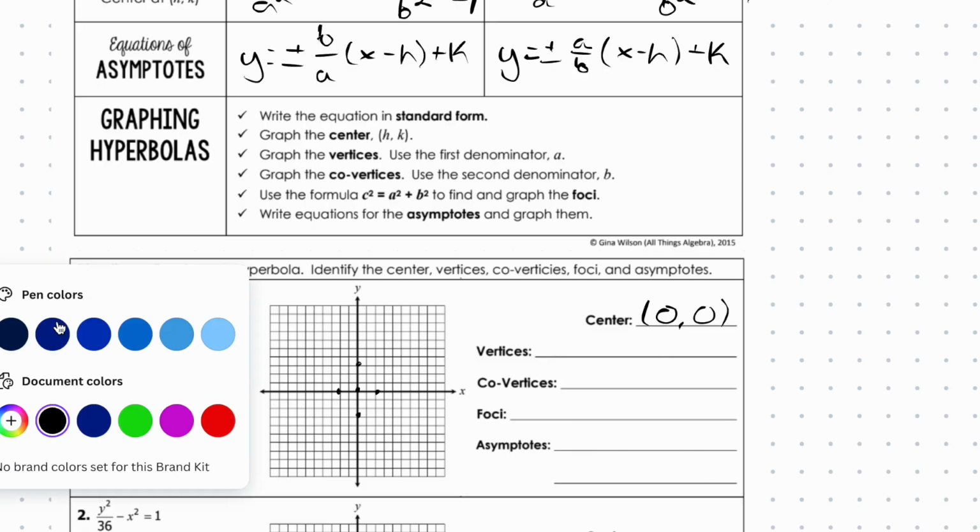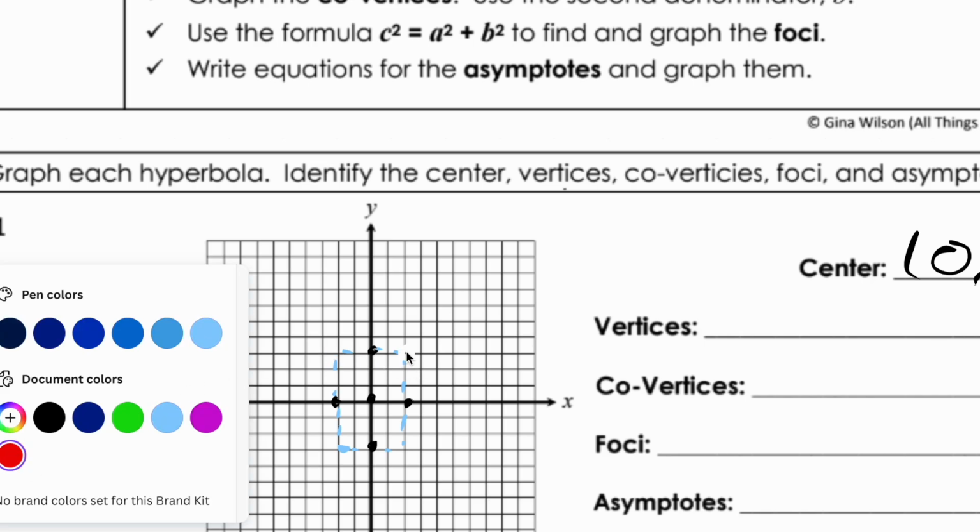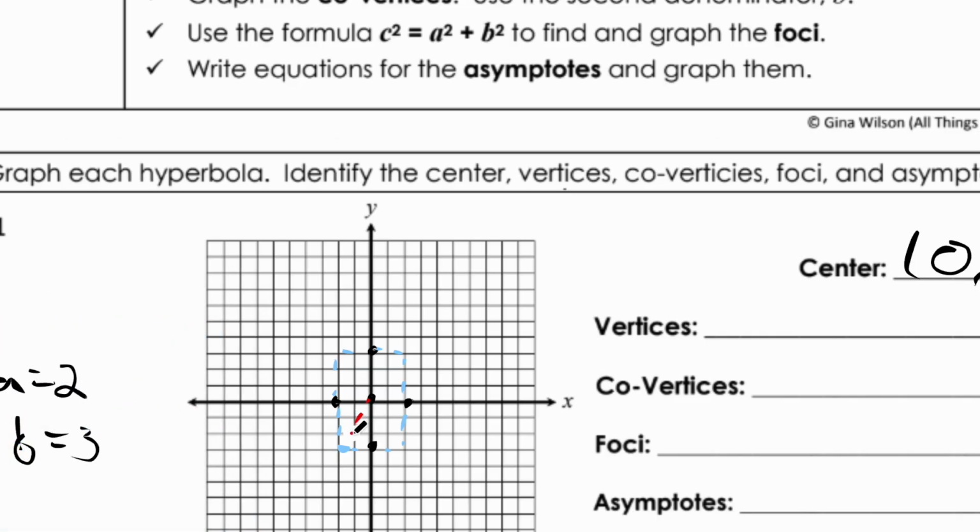So from here, I'm going to create a small little box in the center. And then I'm going to create diagonal lines. So here it's going to be a slope of 3/2, my bad.